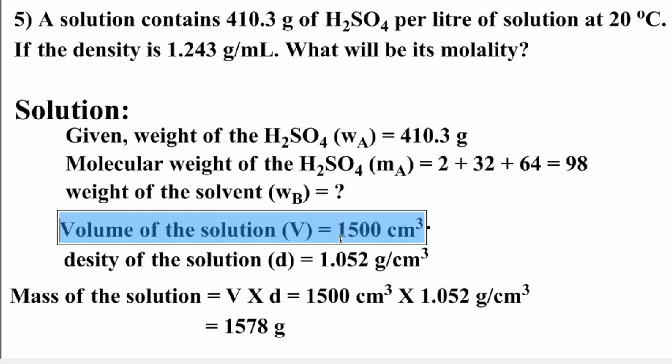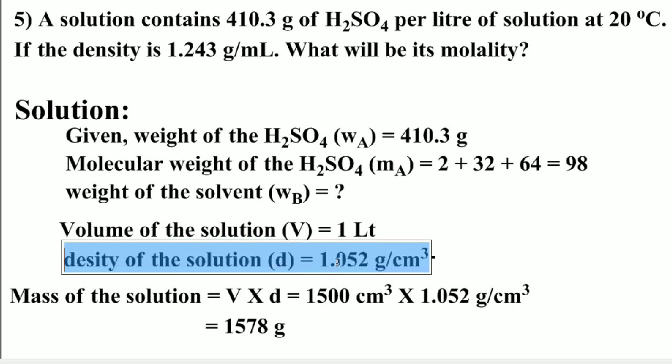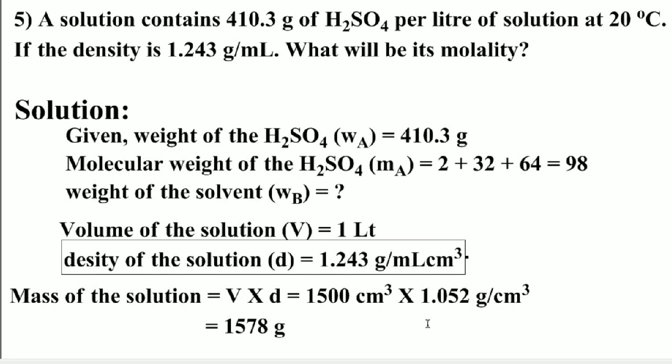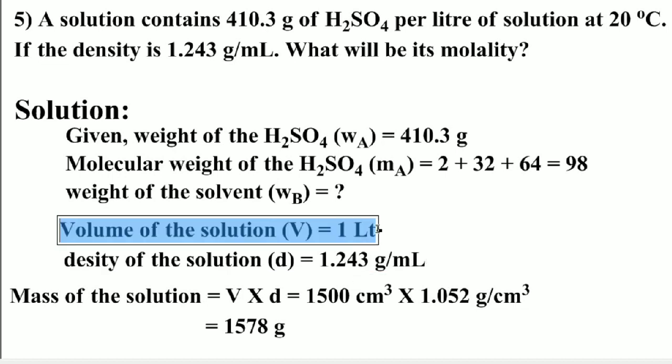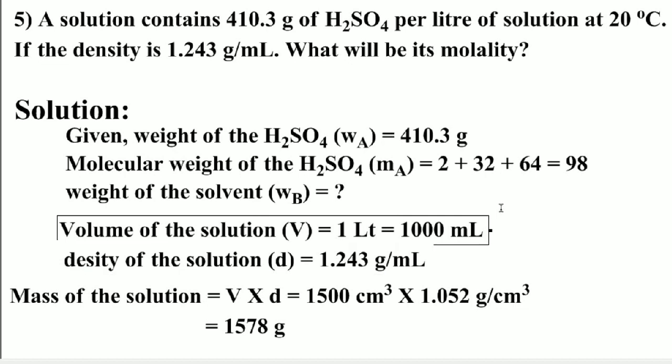The volume of the solution is given as 1 liter, and the density of the solution is given as 1.243 grams per ml. So students, the volume of the solution is 1 liter, and we know that 1 liter is equal to 1000 ml.